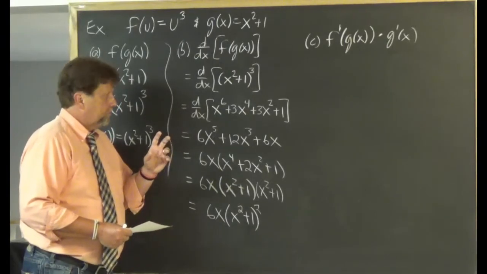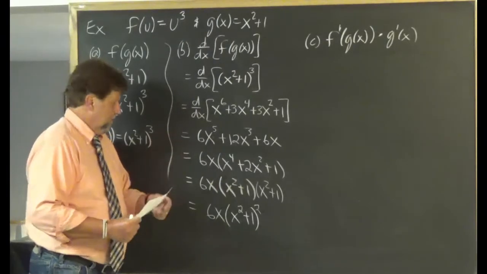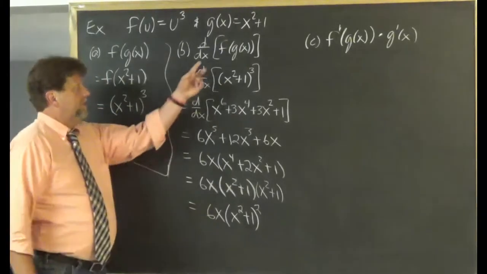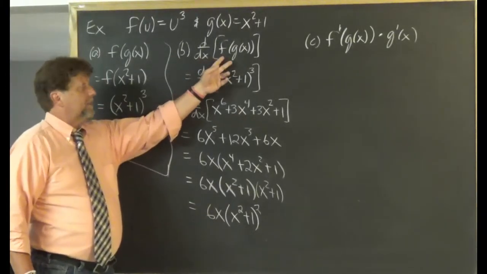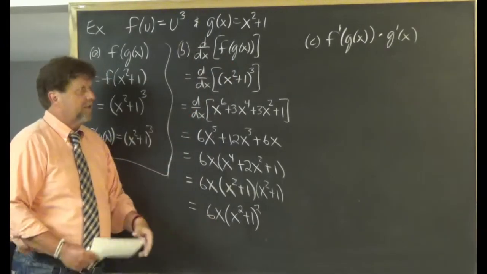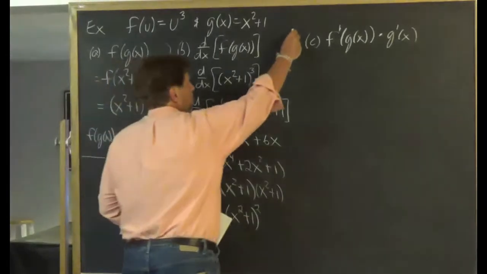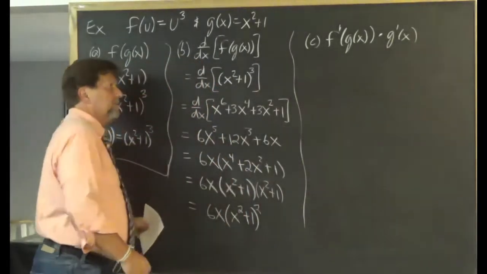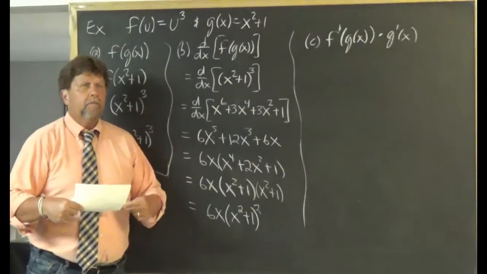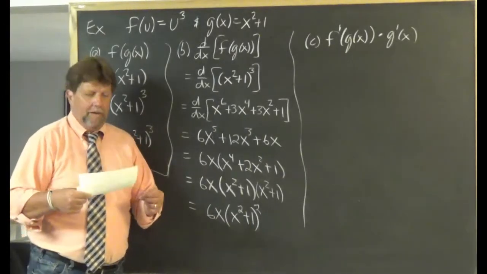So, let's see where we're at. We have differentiated with respect to x the composition of those two functions, and this is what we have as the derivative. On part C, I'm saying, hey, let's do f prime of g of x and multiply that by g prime of x.